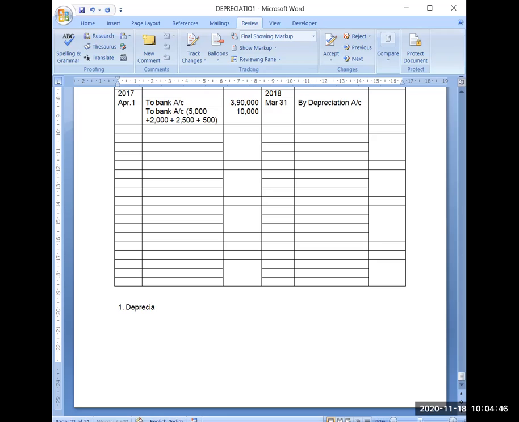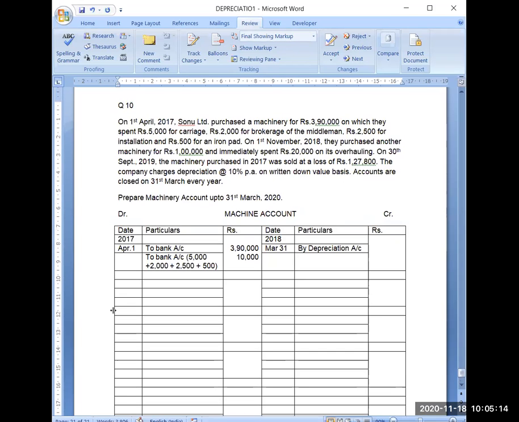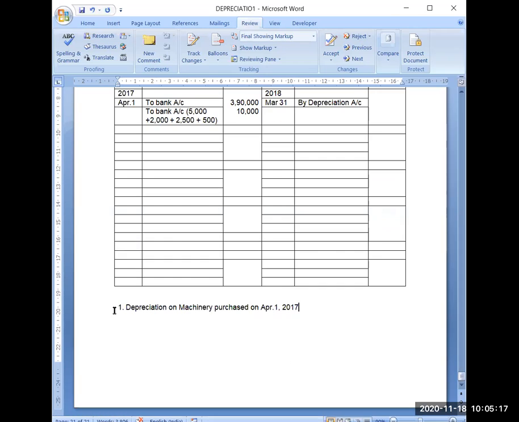Depreciation on machinery purchased on April 1, 2017.